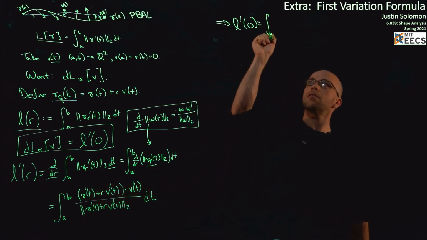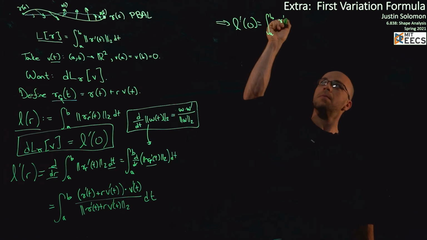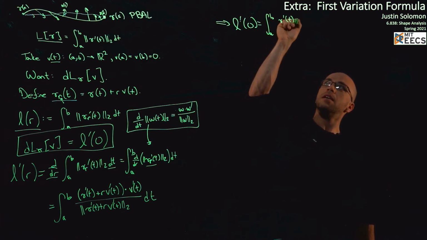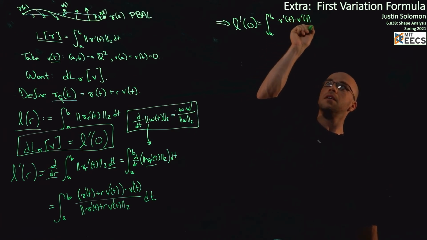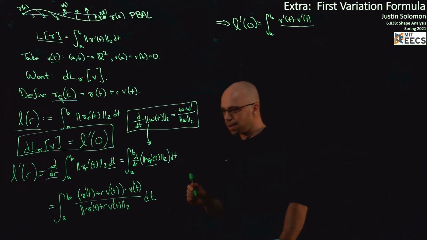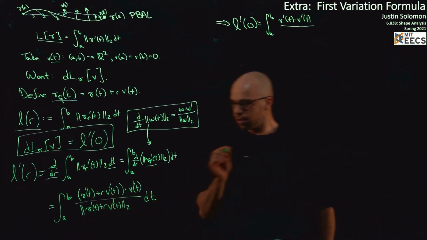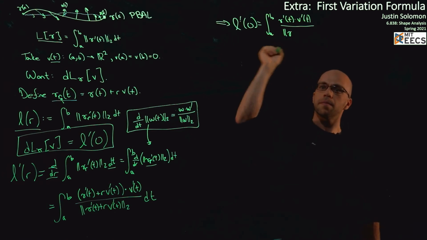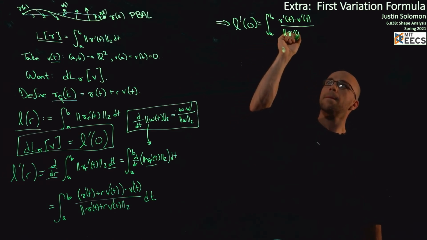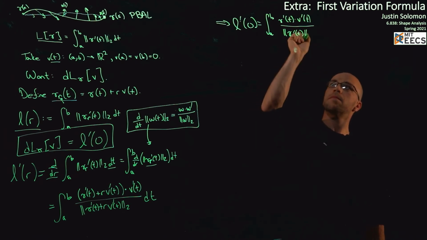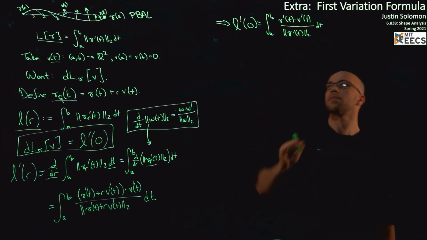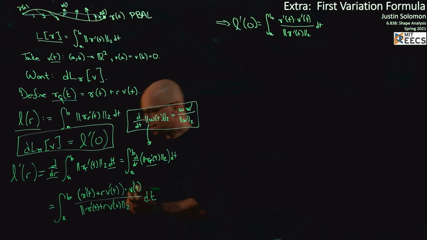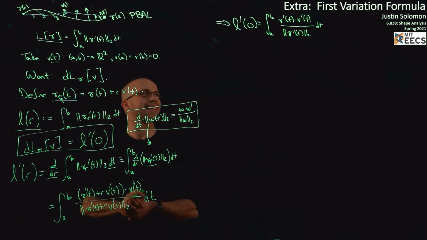So this is the integral from a to b of gamma prime of t dot v prime of t, all that divided by the norm of gamma prime of t. Okay. So, hopefully that makes some sense.